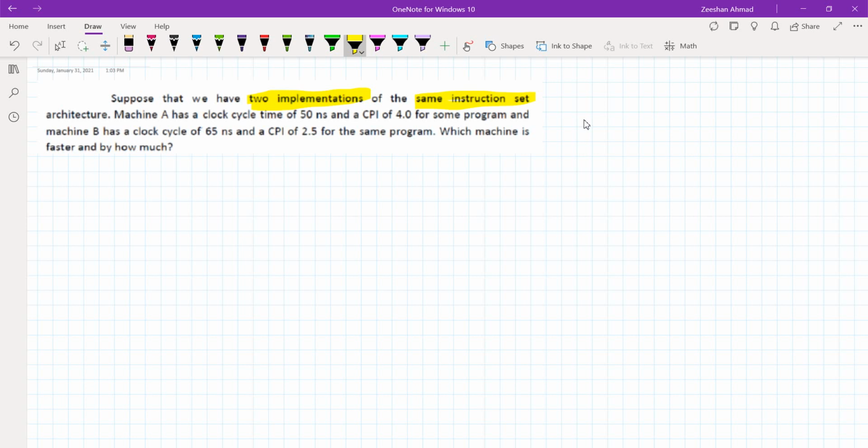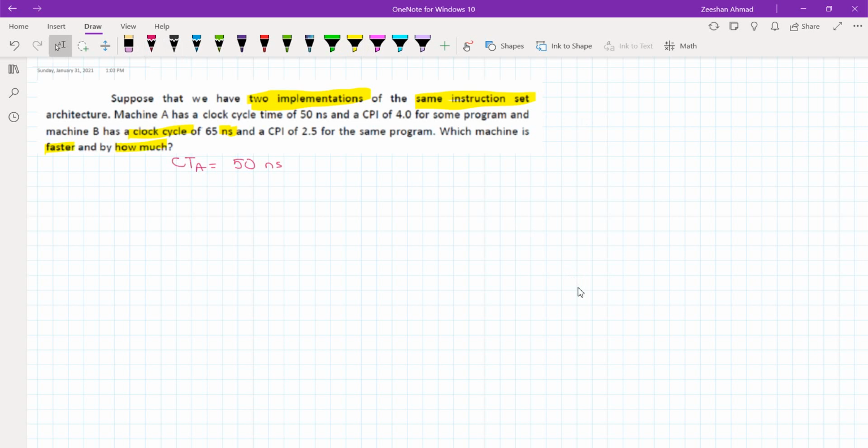Similarly for machine B, the clock cycle time, okay, this is time because this is in seconds, otherwise it would be in cycles here. So the clock cycle time is 55 for B and the CPI is 2.5. Now he said, which machine is faster and by how much? So the information provided to us is the cycle time for machine A, which is basically 50 nanosecond.